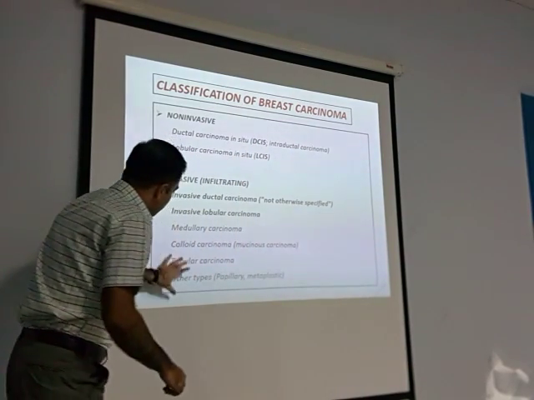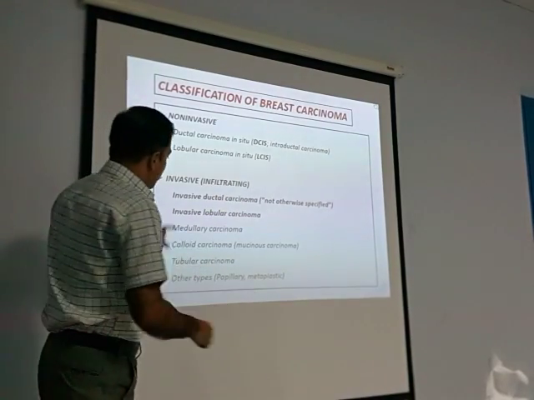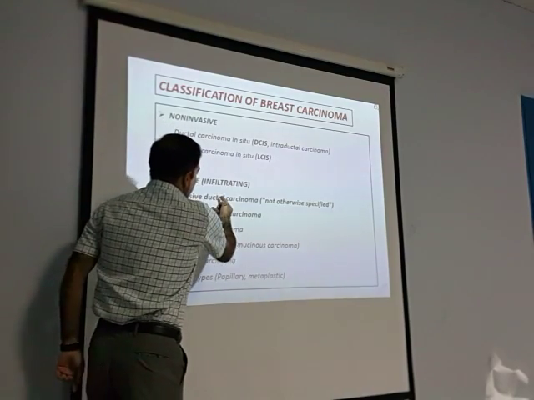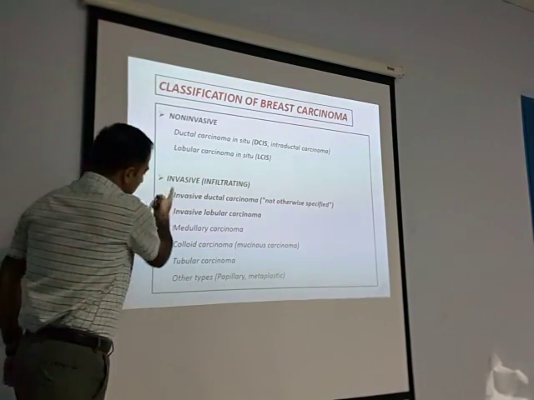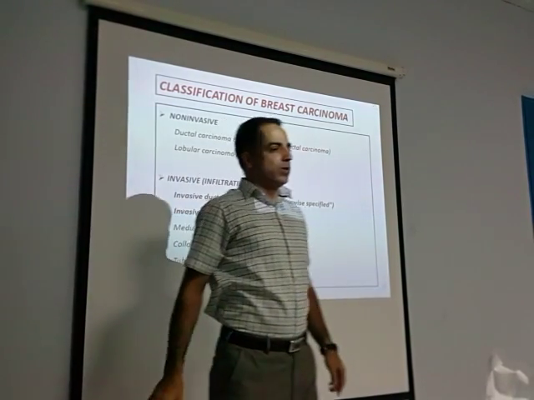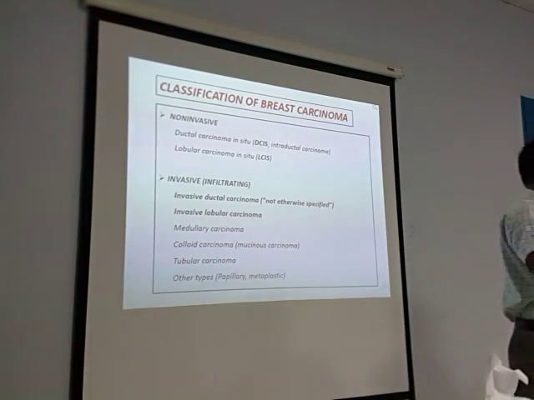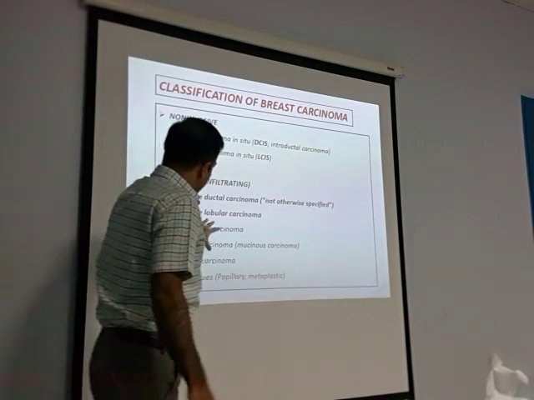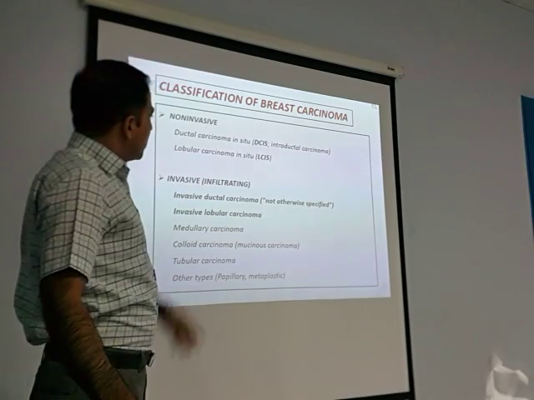So there are two varieties, ductal and lobular, but there are special varieties of ductal carcinoma, like medullary carcinoma, colloid carcinoma, tubular carcinoma, papillary and metaplastic carcinoma. Clear? So we have not otherwise specified, or the special varieties. This is the classification.